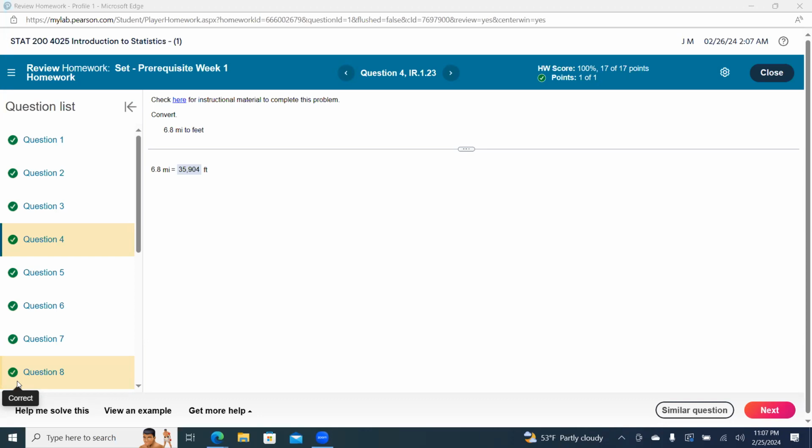Okay, so this is fun. Convert that to feet. It's not chemistry, but math, physics, and chemistry all use unit conversion. We have this many miles, convert it to feet.